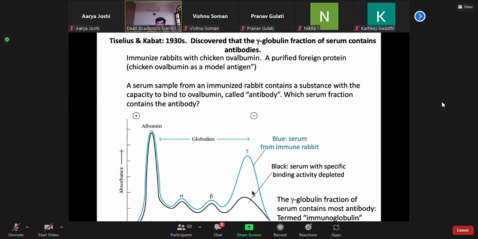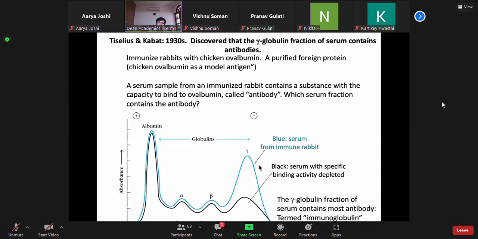Now it was defined that the farthest from this loading sample towards the negative electrode is the migration of this gamma globulin fraction. Then you have beta, then you have alpha, and albumin comes in this region. That is because of the charge present on albumin, alpha globulin, gamma globulin, and beta globulins, right?